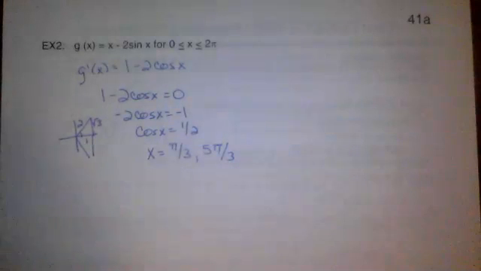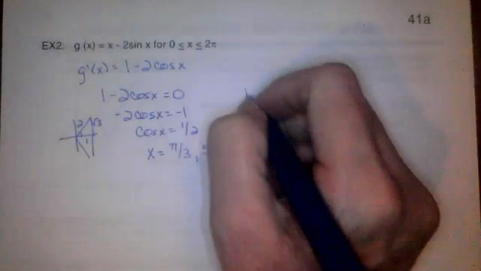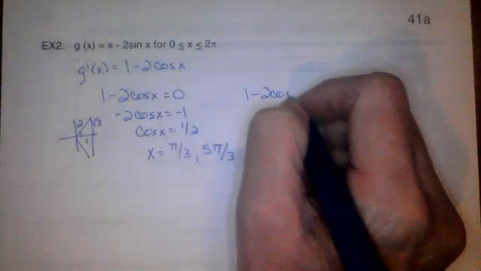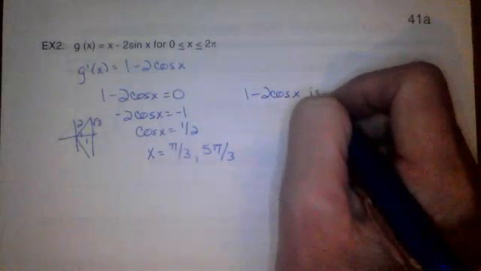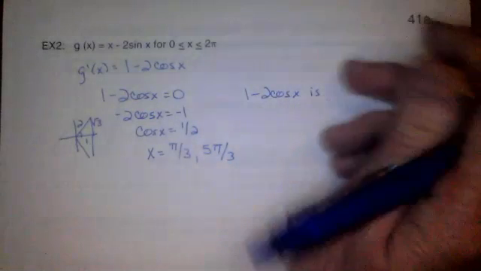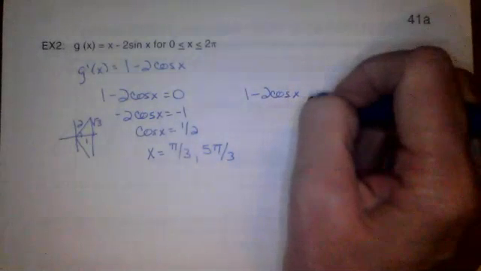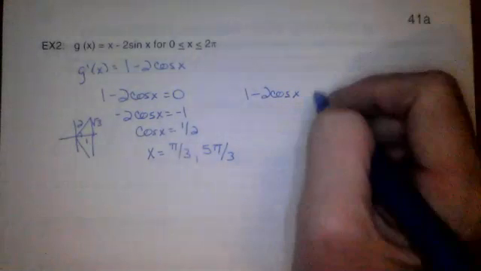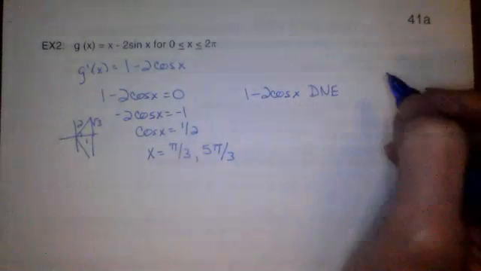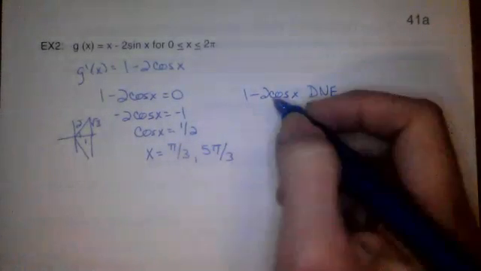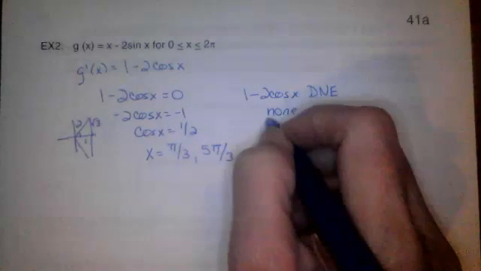All right, and then we also are supposed to consider where 1 minus 2 cosine x is undefined or doesn't exist. But there's not going to be any place because this is a continuous graph.